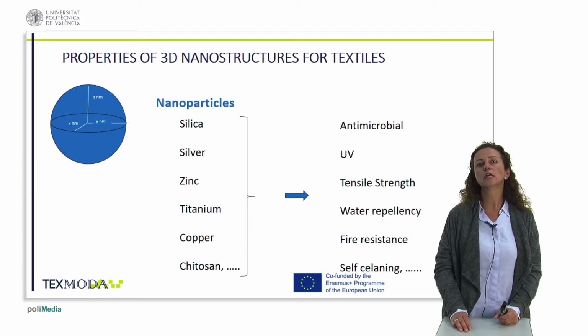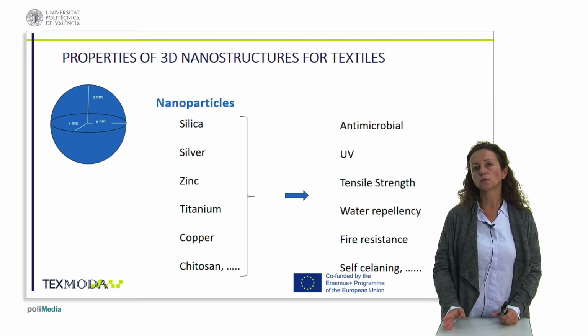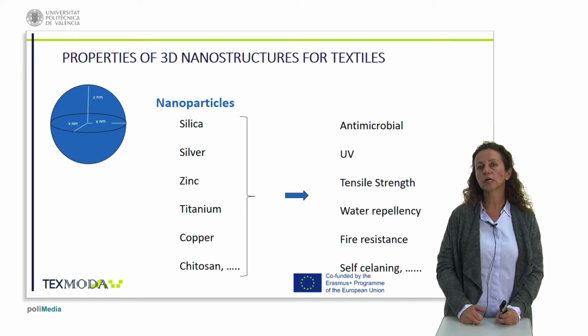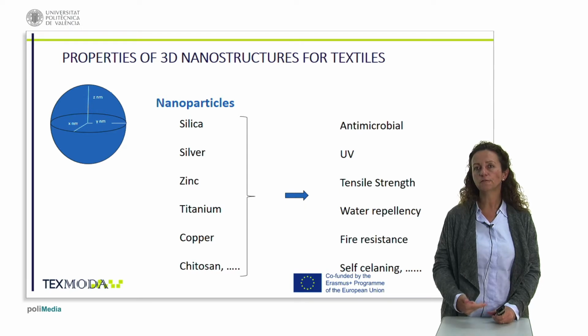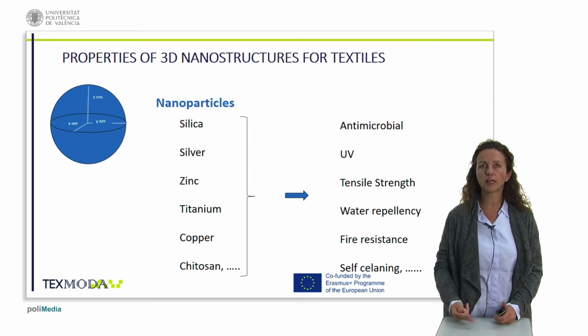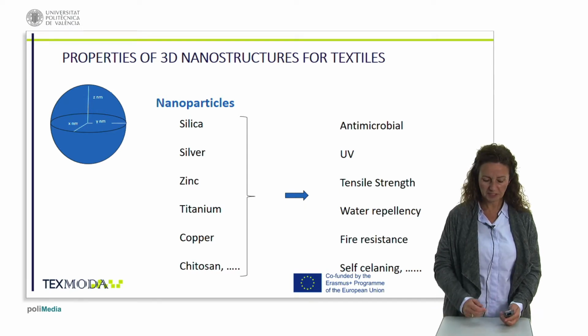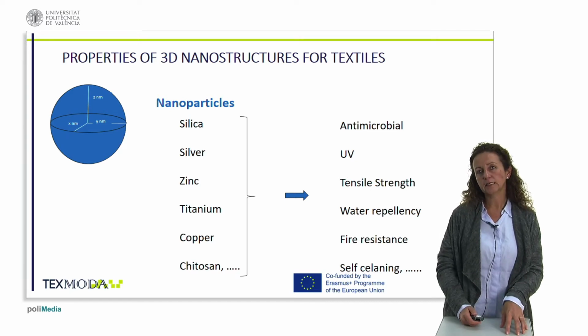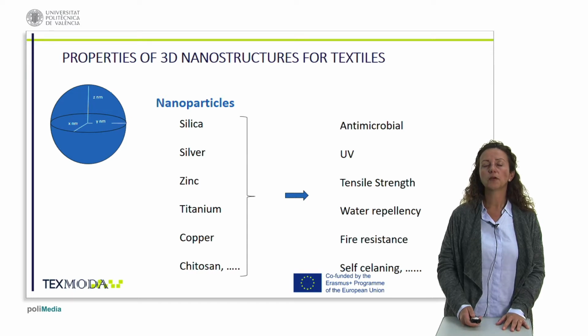For example, if we use some kind of silica particles in the extrusion process, we would find that some of them could improve the tensile strength of the fiber, but we also can look for water repellency, fire resistance, self-cleaning properties, etc.